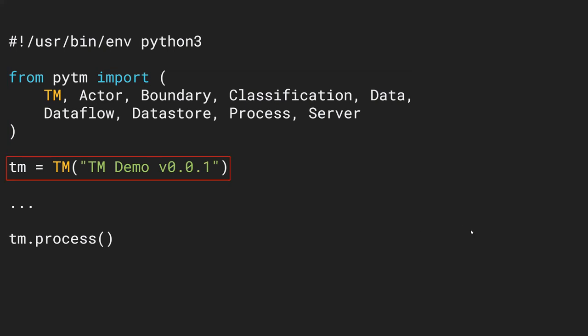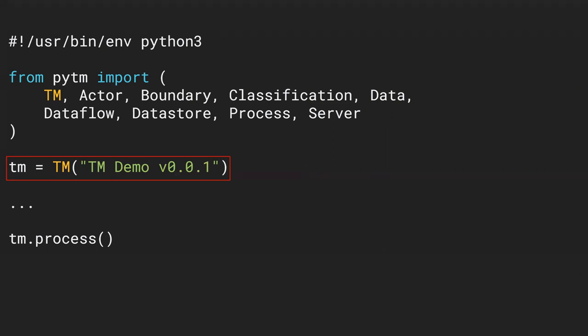So that one is the real one that absolutely needs to be there. Without that, pytm doesn't know what to do. So we define a threat model object, and that's going to hold all the information. We give it a name that is basically the user's choice. It's not going to appear anywhere, and it's not going to influence the analysis in any way.